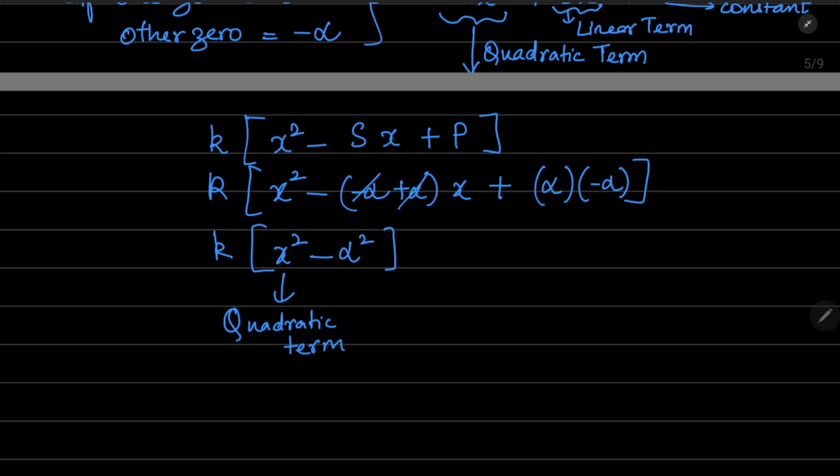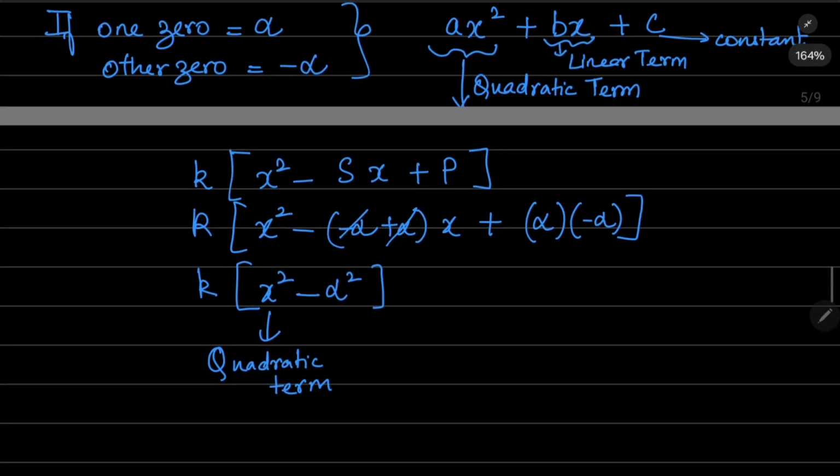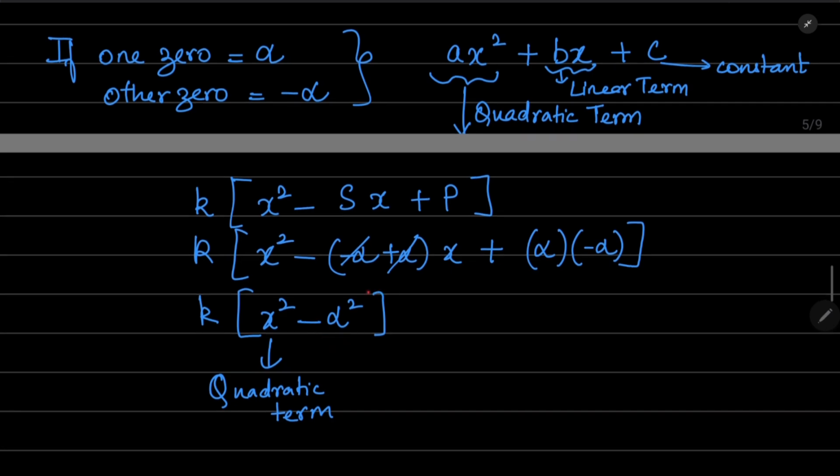So whenever one of the zeros is alpha and the other is the negative of that zero, we do have the quadratic term. What is this alpha square? Do you have any x term? No. Alpha square is a constant term. So the constant term is there, but what is the sign? It is a negative sign.